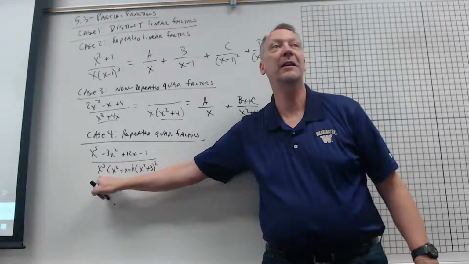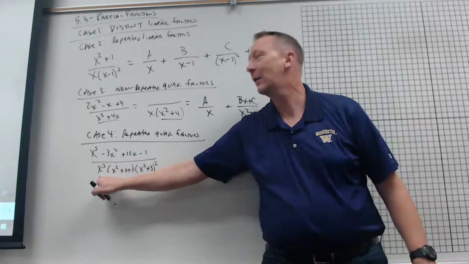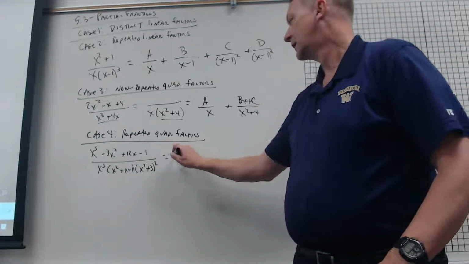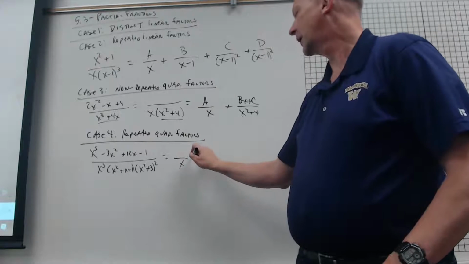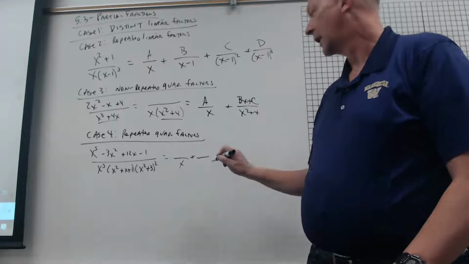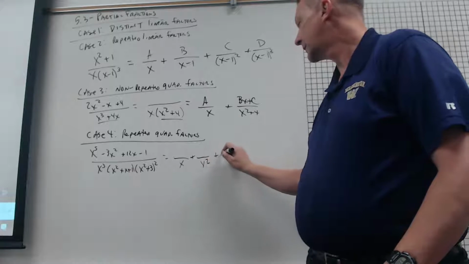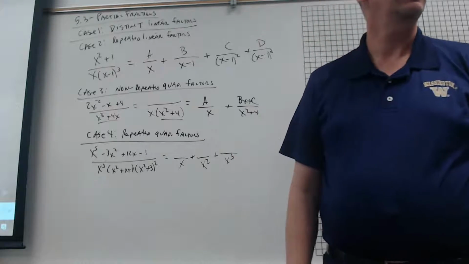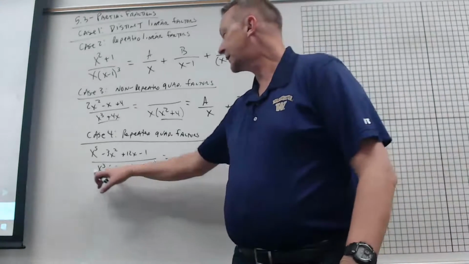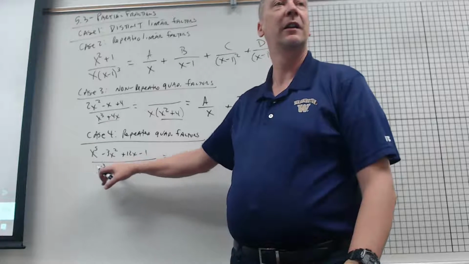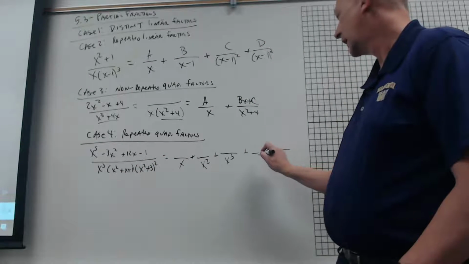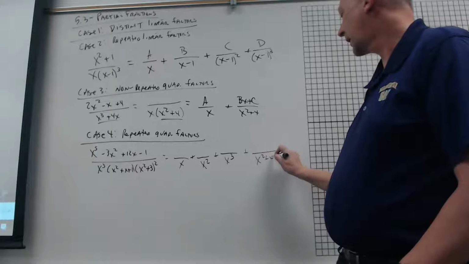Okay, so if it's a repeated linear factor, how do I break that one factor up? Something over x plus something over x squared plus something over x cubed. Okay? Now we've got this second factor. It's definitely a quadratic. Plus something over, that's not factorable, by the way, x plus 1.